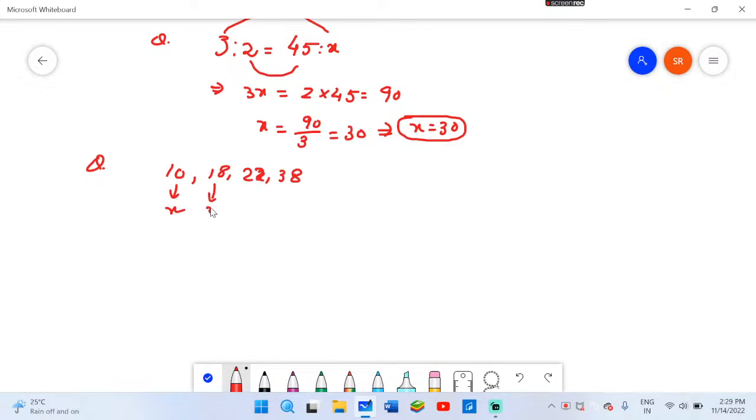We are adding x to each term so that the resulting numbers are in proportion. So the new numbers will become 10 plus x, 18 plus x, 22 plus x and 38 plus x.